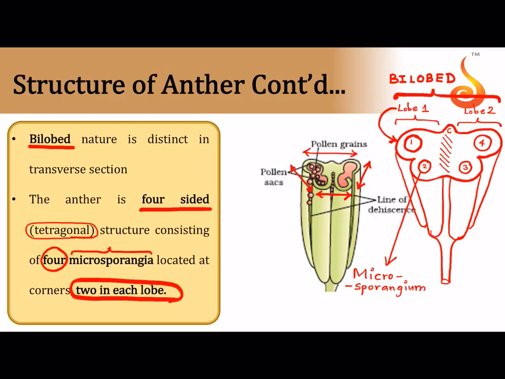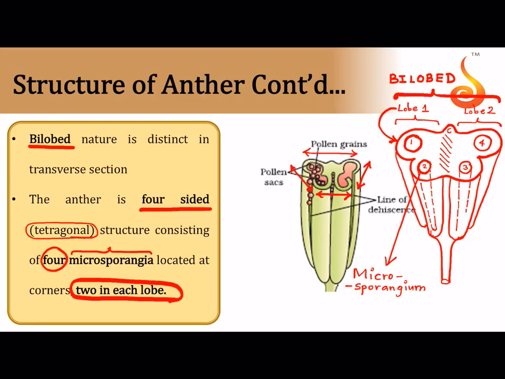So please remember this microsporangium. Why is it looking circular? Because you have taken a section. In reality, the microsporangium is a cylinder which extends throughout the length of the anther. It is a cylindrical compartment. If you cut a cylinder, it will look circular in outline.